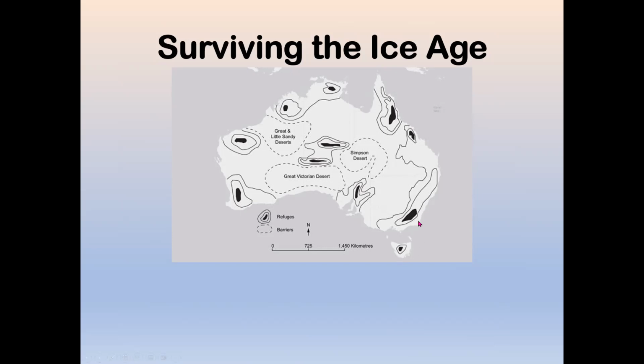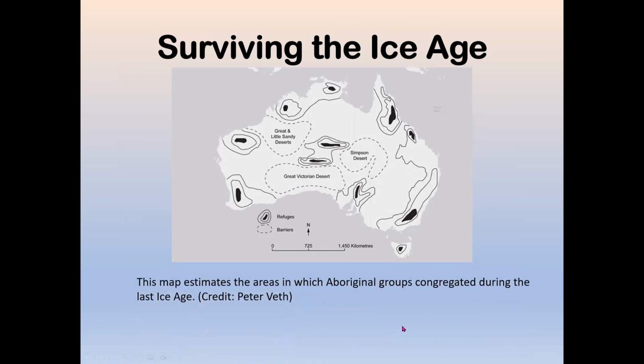But they had certain areas which were warmer, and these were the barriers within which they lived. They were like the capital cities, if you like, even in the centre. So this gives you an idea. And even there, each group was separated from the other groups. But once it started warming up at the end of the Ice Age, they moved around a fair bit.